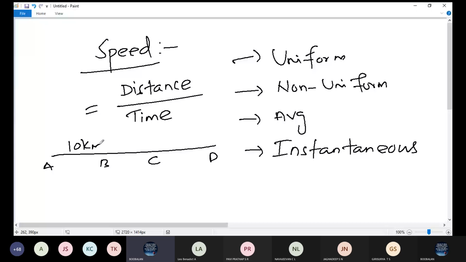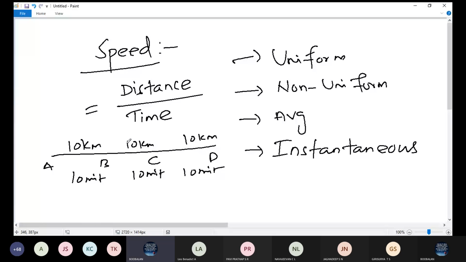The distance is equal, and the travel time is also equal, around 10 minutes. So every interval is 10 minutes. 10 kilometers, 10 minutes. Otherwise, 10 kilometers, 5 minutes, 5 minutes, 5 minutes. So it is a uniform speed, because they didn't change the speed.